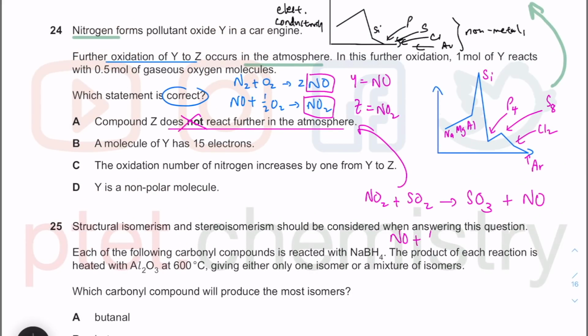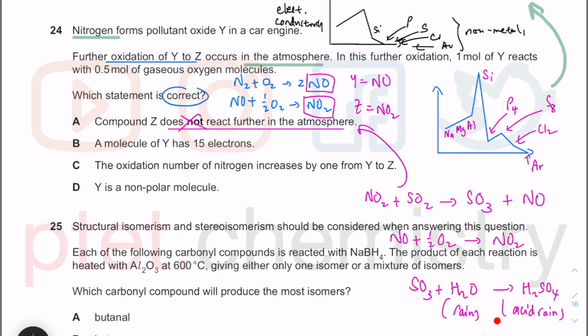It's a catalyst, so it gets regenerated to give you NO2. The SO3 can then react with rainwater to give you acid rain without going through oleum or anything, because this happens in the atmosphere. This is not in industry. We don't have to worry about exothermic fumes and so on.